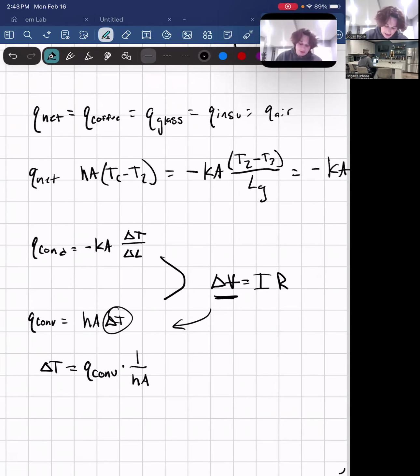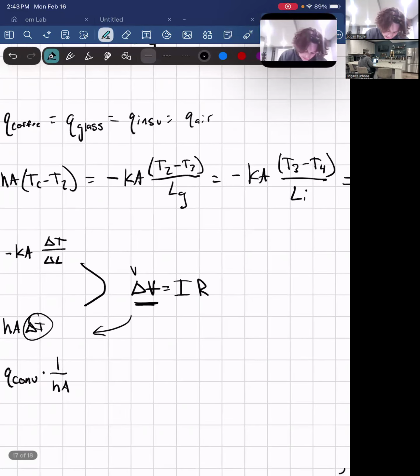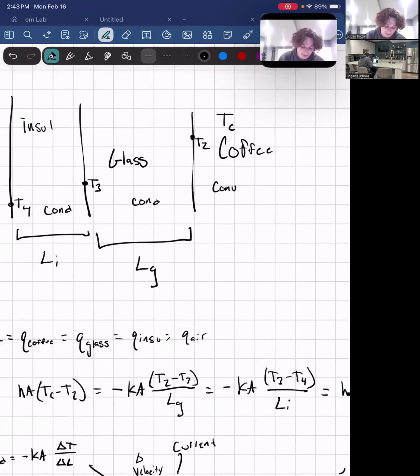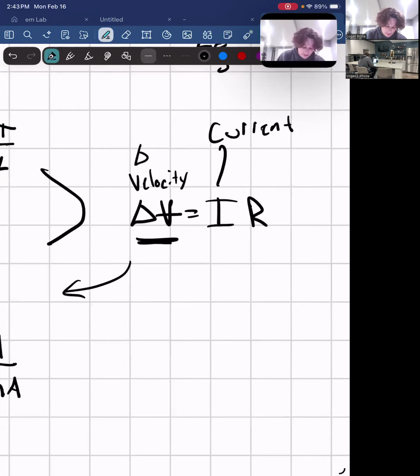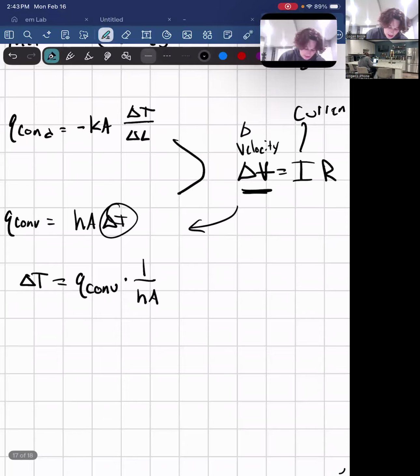And when we're looking at our Ohm's law here, this is the change in voltage, and this is our current, right? This is what is moving through our system. And what is moving through our system here is our Q, right? So when we're relating these equations, our change in voltage is our change in temperature, and our I is our heat, right?